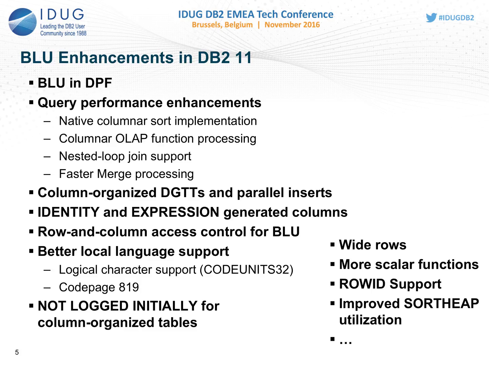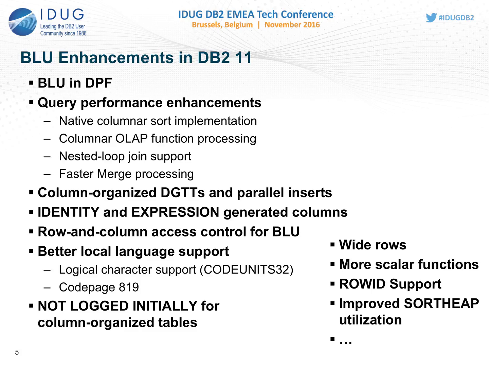And some enhancements to better help you deal with local languages. So the situation was that in DB2 10.5, you could use BLU only if the database code page was Unicode. Otherwise, BLU was not possible. Now in version 11, we also allow BLU in a database with code page 819.